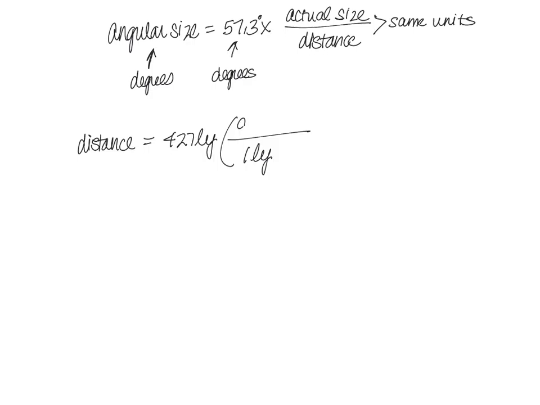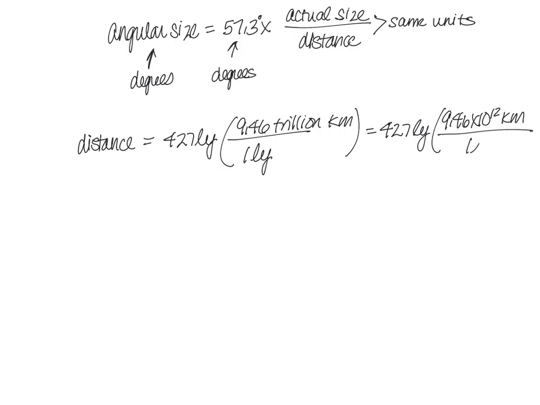If we look in the book, we're told that 1 light year is 9.46 trillion kilometers. If we want to put that in scientific notation, it's 10 to the 12th as trillions.